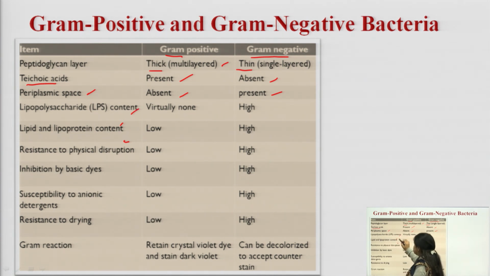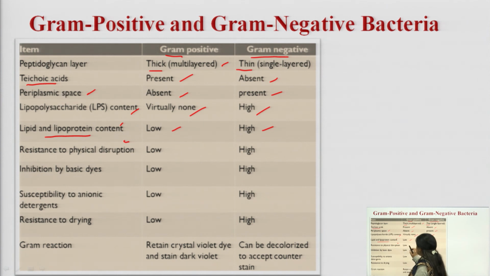Lipopolysaccharide content, that is lipid content, is less in gram positive bacteria, whereas it is high in gram negative bacteria. Similarly, lipid and lipoprotein content in gram positive bacteria is very low, whereas in gram negative bacteria it is very high.